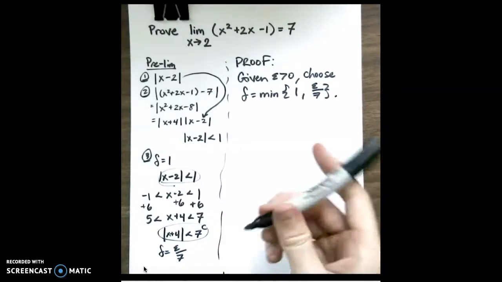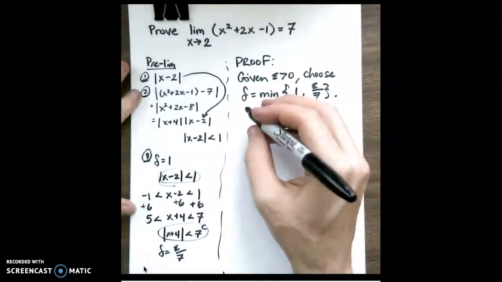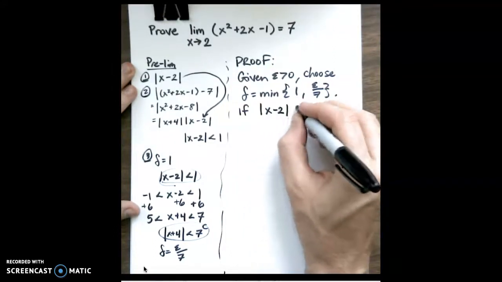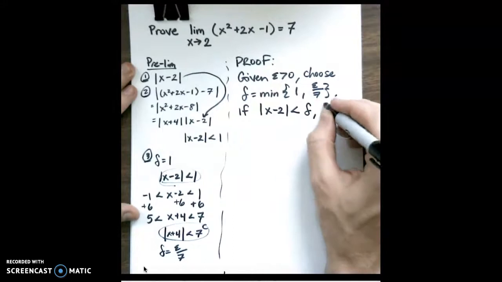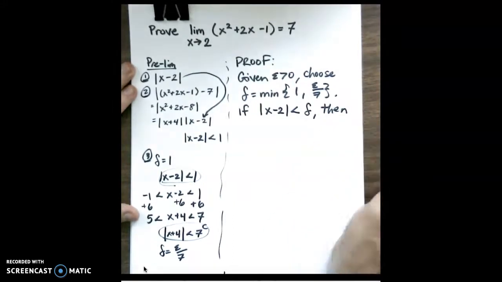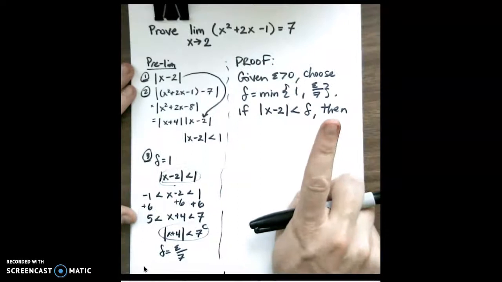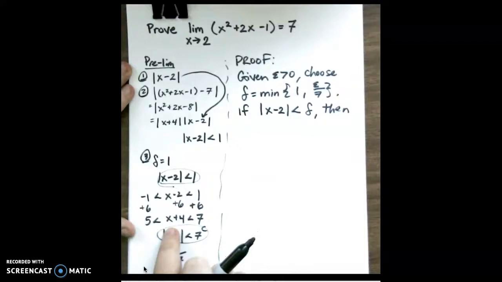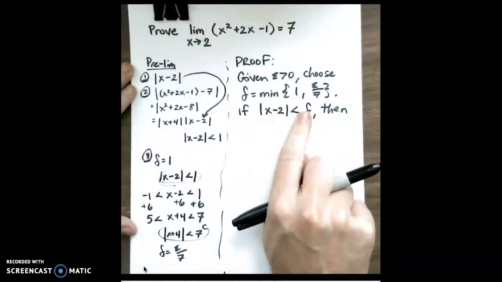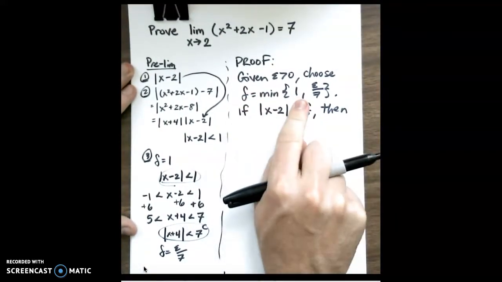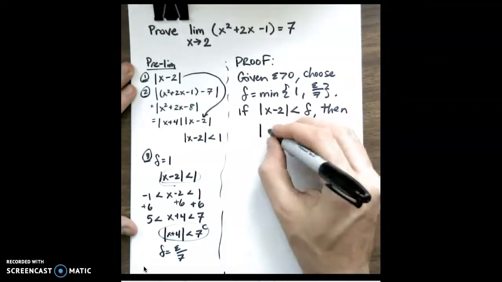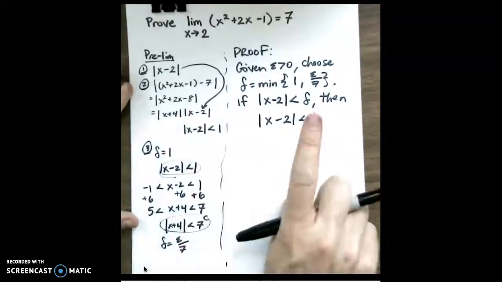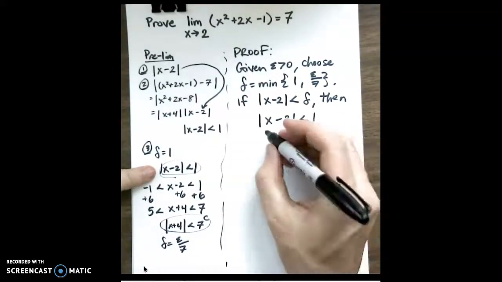Now we're going to have our if statement, which is step 1, x minus 2. So if the absolute value of x minus 2 is less than delta, then, well, now we're going to show this work that we had in step 3. So we're going to start with step 3 first. If x minus 2 is less than delta, and delta is possibly 1, then we're going to say that this is less than 1. And we said earlier, when that is less than 1, that we can split it.